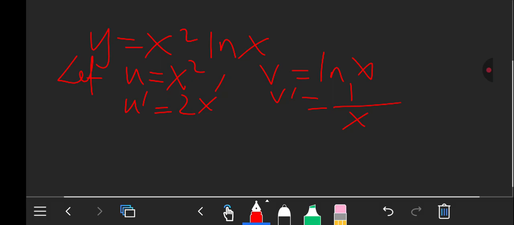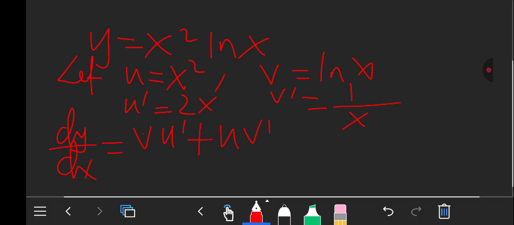So now, at this point, we can use the formula: dy over dx is equal to v u prime plus u v prime.